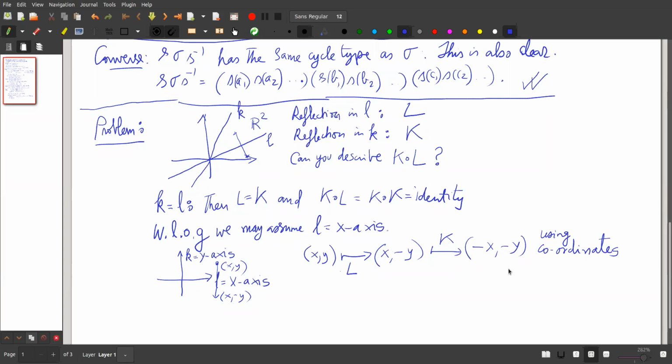You had a suggestion, an idea. So the question is, geometrically, what is this transformation, x y going to minus x minus y? How would you describe it geometrically?